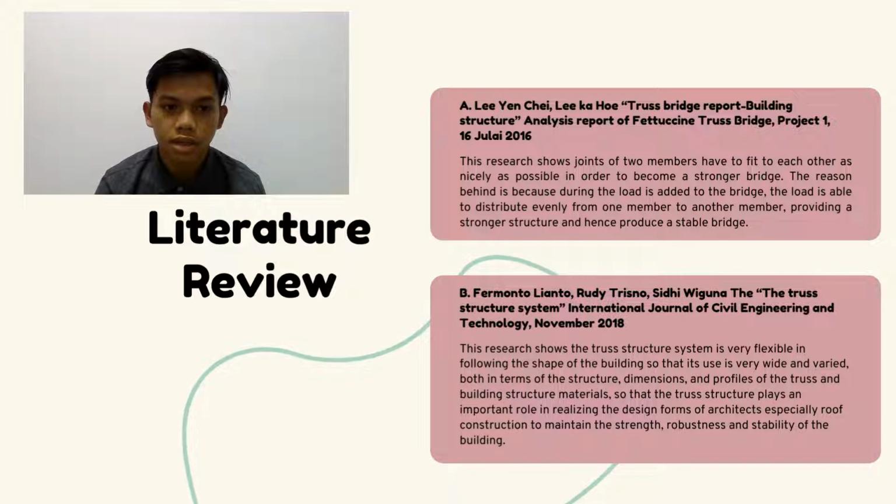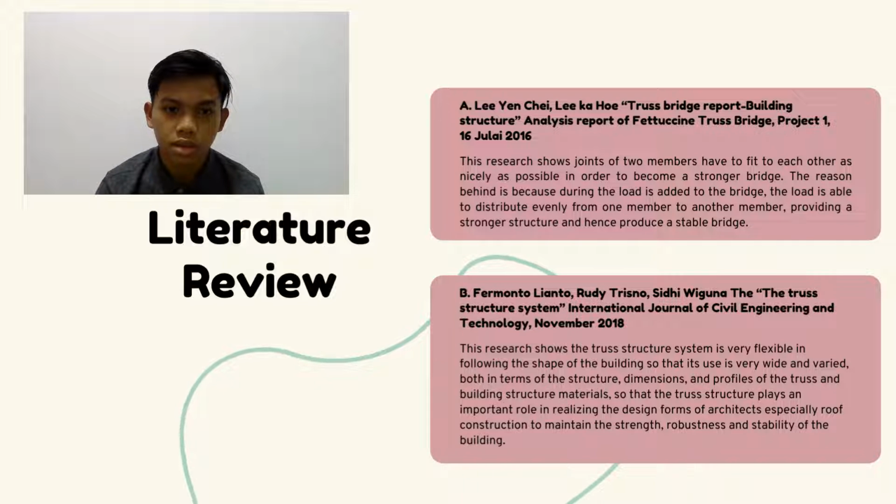So the first article is written by Lian Che and Li Ka Ho. The title is Truss Building Structure. It's an analysis report of a truss bridge, written on 16 July 2016.